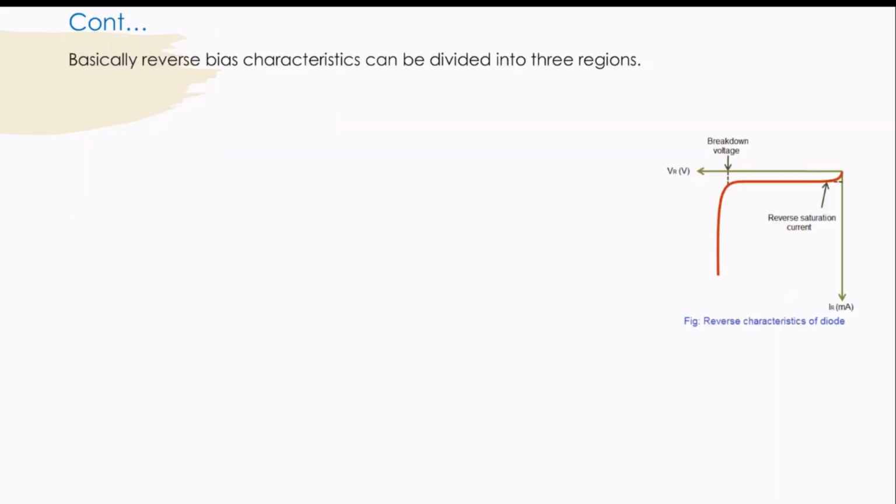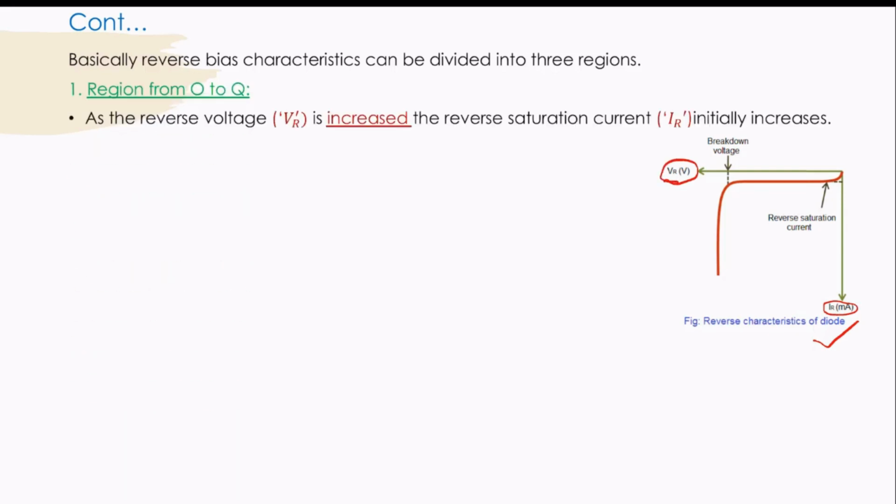Basically, the reverse bias characteristics can be divided into three regions. This is the representation of the characteristics curve for the PN junction diode in the reverse bias condition, plotted between the reverse current IR and the reverse voltage VR. The first region is from O to Q. As the reverse voltage VR is increased, the reverse saturation current IR initially increases.